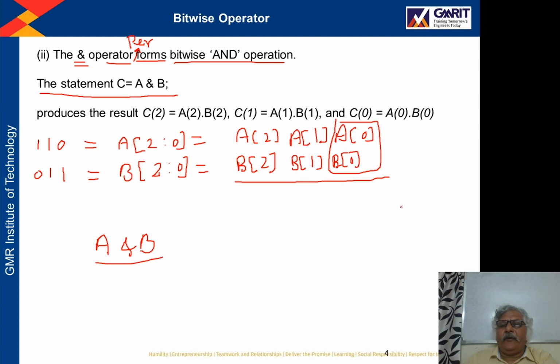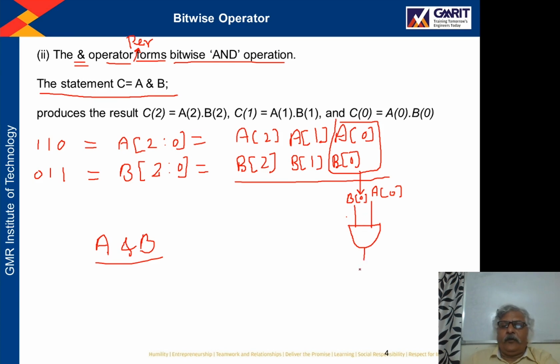So basically what will happen, if you think about the hardware point of view, one AND gate will be created, which will have two inputs, A0 and B0, right?